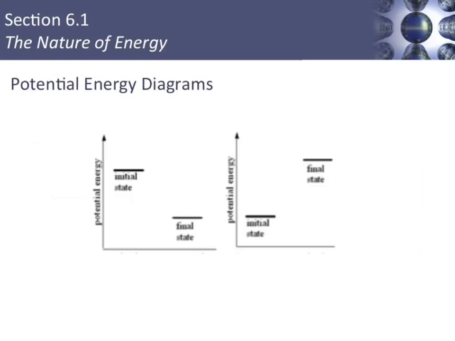Okay. So potential energy diagrams, you should have seen these last year. We have, say, here's a potential energy, our initial state. And then if it goes like that, what is happening to our energy? Our energy is leaving the system, right? And so this is what type of diagram? Exothermic.